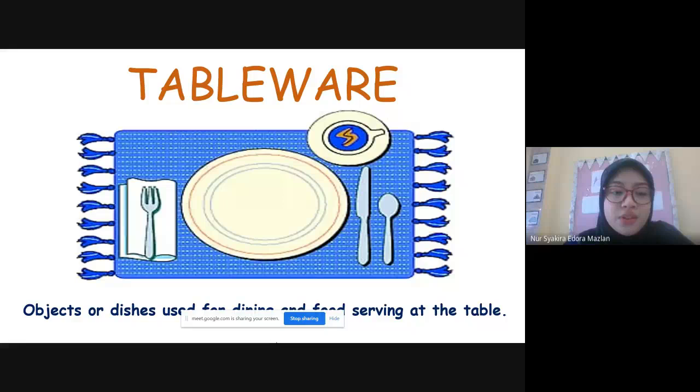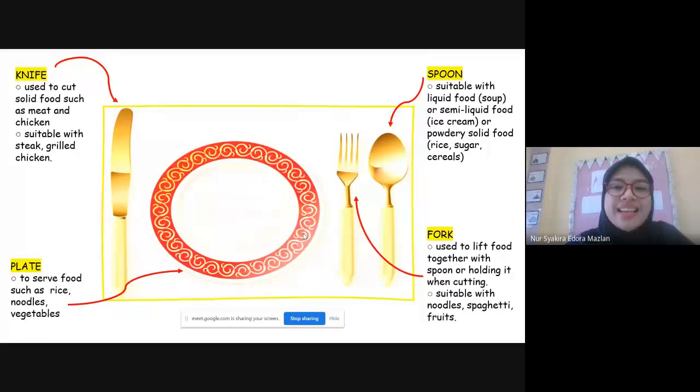As for today, I'll show to you all the examples of tableware that we commonly use for our food serving. Okay, let's go one by one.